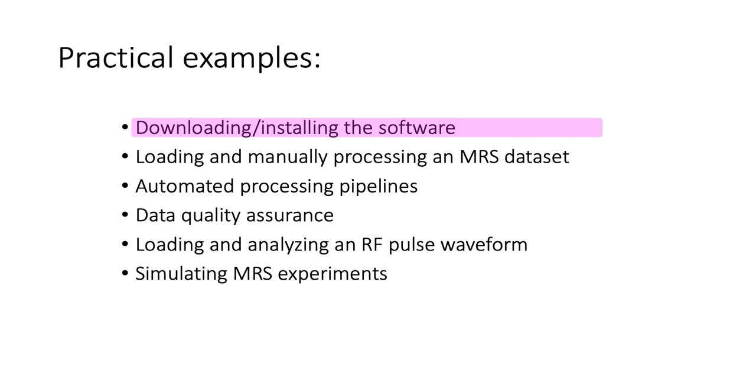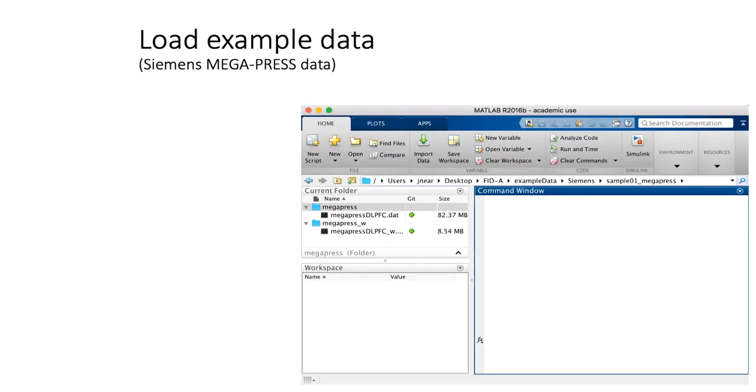So we've done the installation. Next, let's talk about how to load an MRS dataset and then manually process it in a step-by-step fashion. In this example, we're going to use Siemens MEGA-PRESS data. Since we're at the editing school, I thought we would do an example with some spectral editing data.